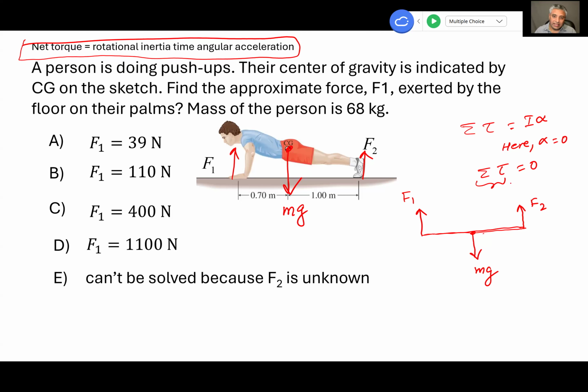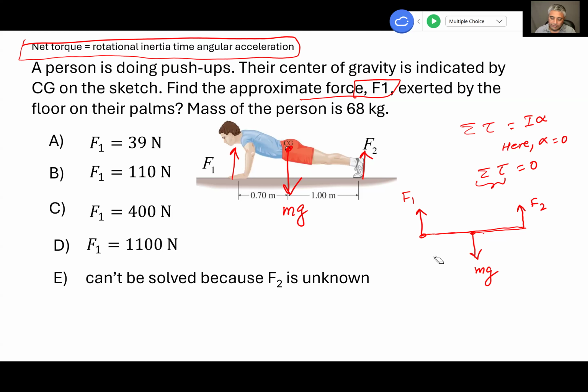This is not rotating at all, so we can choose the axis of rotation anywhere that is convenient for us to solve this problem. In this case, we are asked to find F1. So we need this. If we choose the axis over here, it's going to be gone. So we cannot find F1 by choosing the axis there. This is not a good choice for the axis.